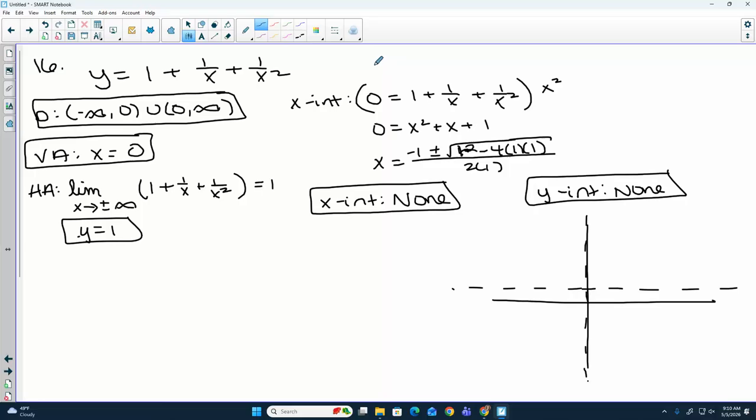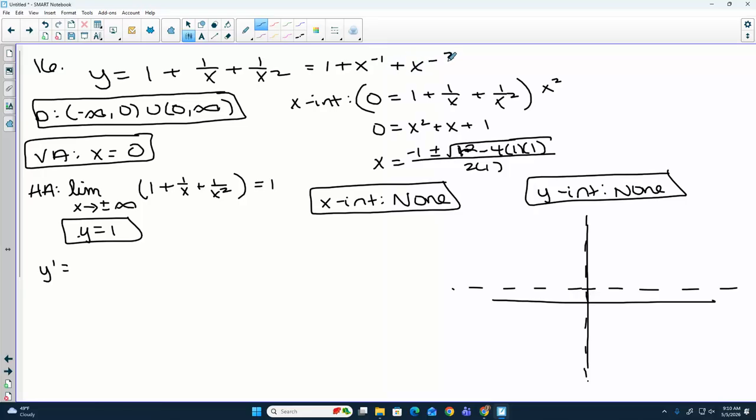Next thing I asked for is increasing, decreasing. So to do that, we have to do our derivative. Derivative of 1 is 0, derivative of 1 over x, you could think of that as x to the negative 1.